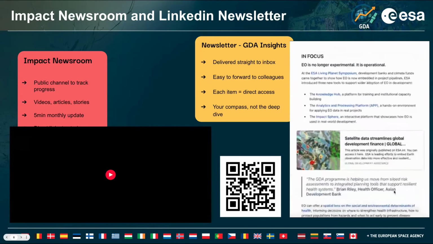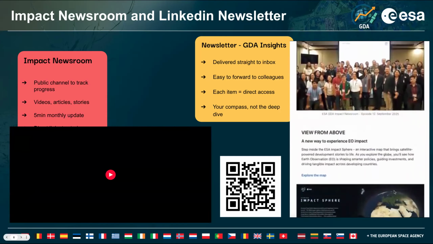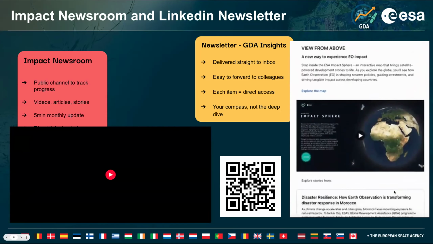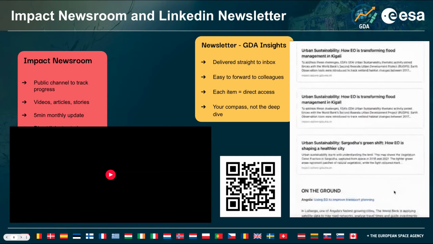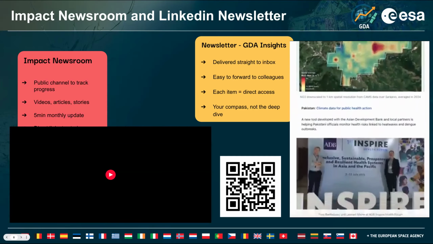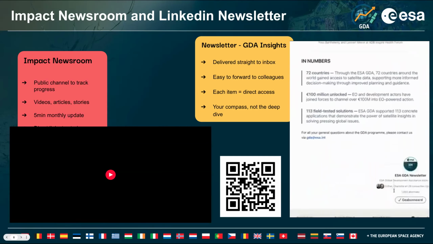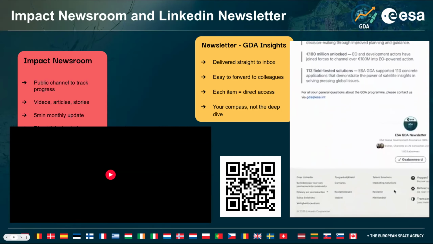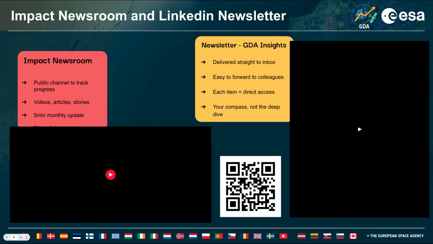Each piece highlights a concrete use case or partnership, written in plain language and always linked back to the underlying data and stories. We know, of course, that for most people, the inbox still beats a web page. So this is why we also run a LinkedIn newsletter on your favorite social media platform, where each item is a clickable link.